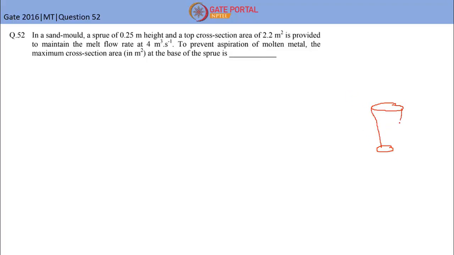So it will be connected like this. And from here we pour the molten metal. So they have given us the top surface area AT, which is 2.2 meters square. Now we have to calculate AB. So we have to calculate this.